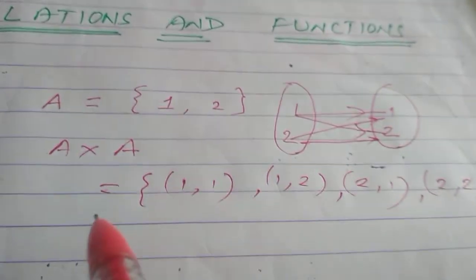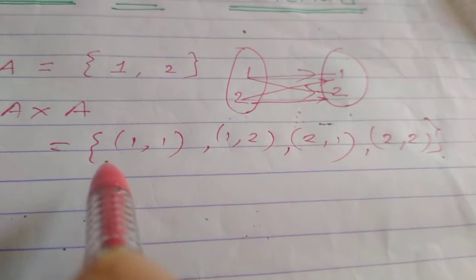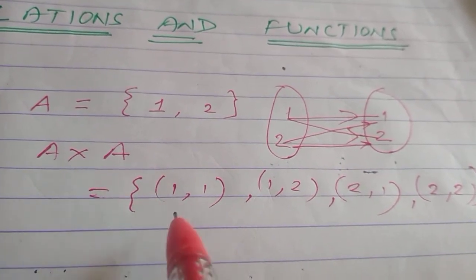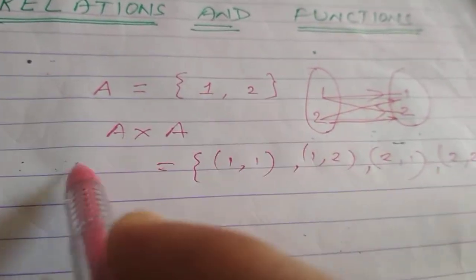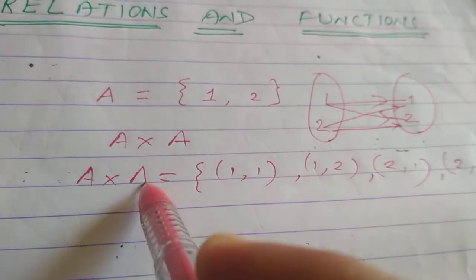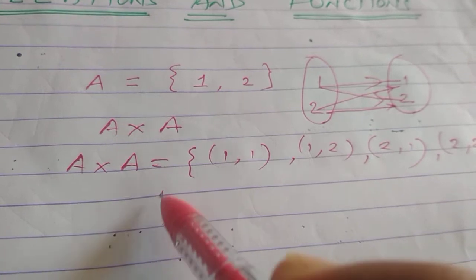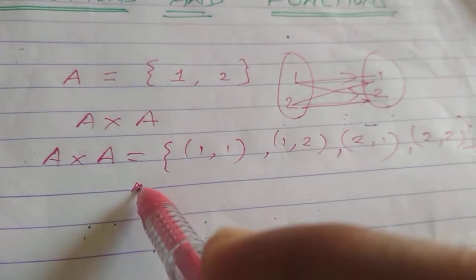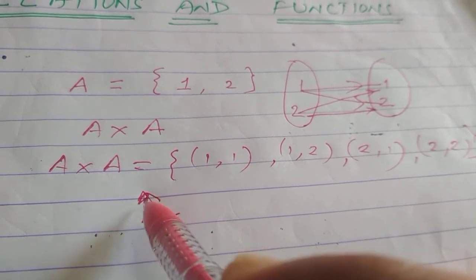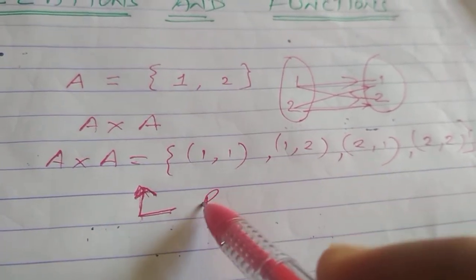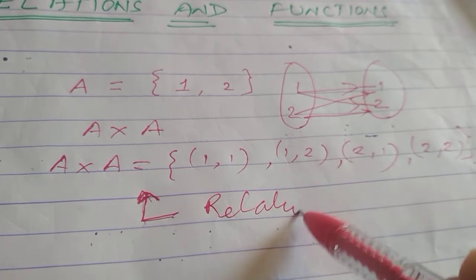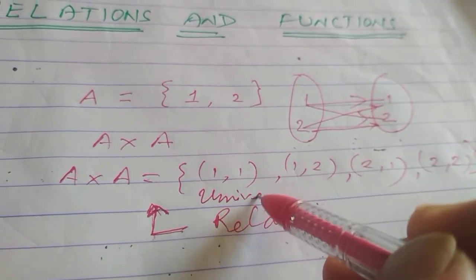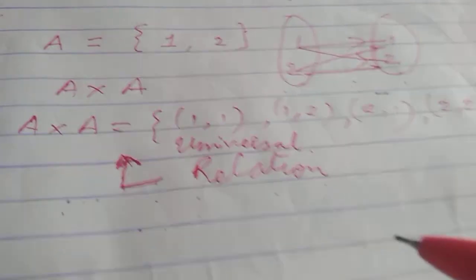So a relation is one of the subsets of this Cartesian product, and specifically A cross A is called the universal relation. See, a relation is a set of ordered pairs. The Cartesian product itself can be called a relation, which is the universal relation.